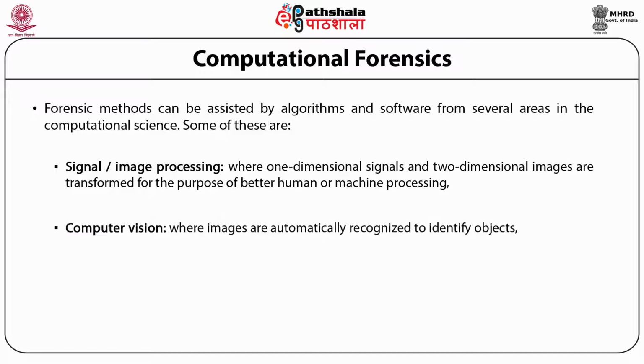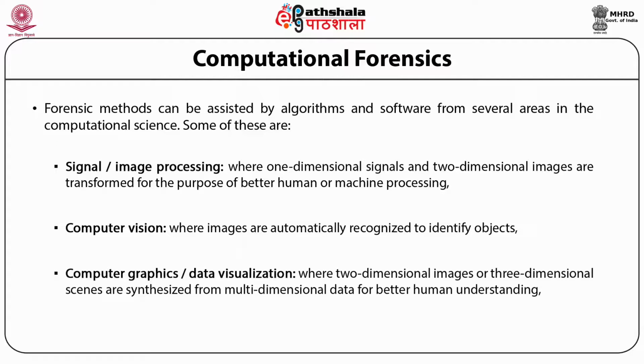Next is computer vision, where images are automatically recognized to identify objects. Next is computer graphics or data visualization, where two-dimensional images or 3D scenes are synthesized from multi-dimensional data.